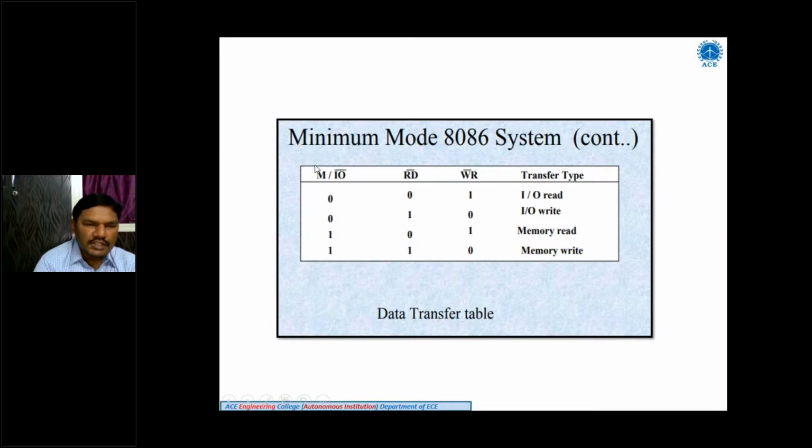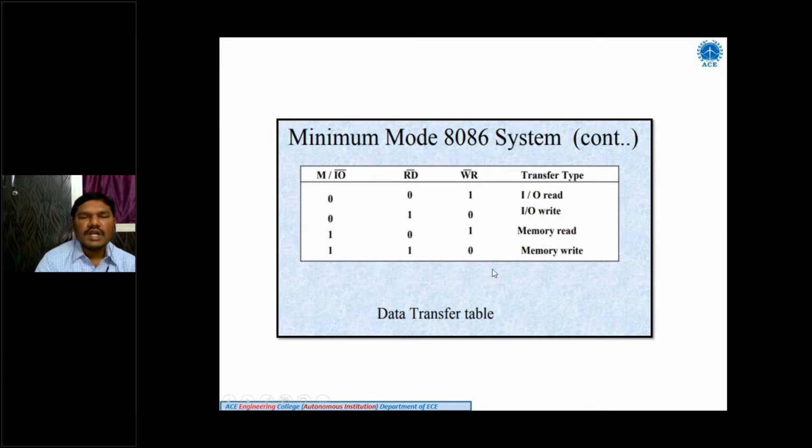So here 0 means M is inactive and IO is active. So it selects IO. Next, how will it read? Because the signal is 0, 0 bar means 1. 1 means active. Here it is 1, 1 bar means 0, it is inactive. Like that, the data can be read from the IO devices.